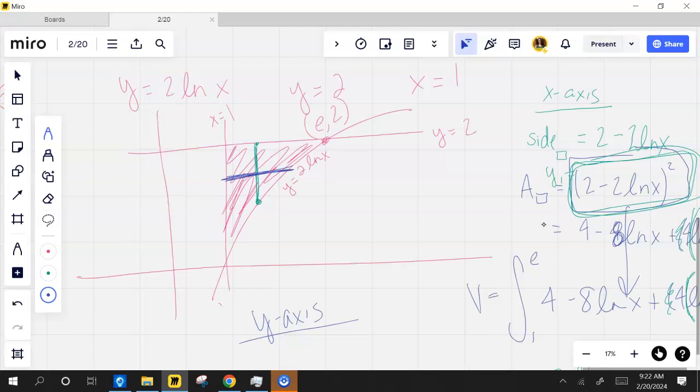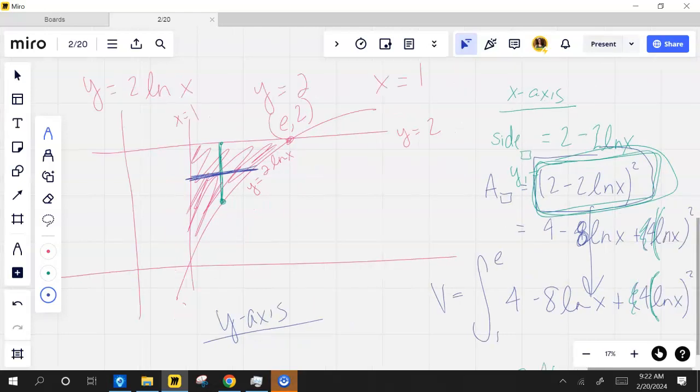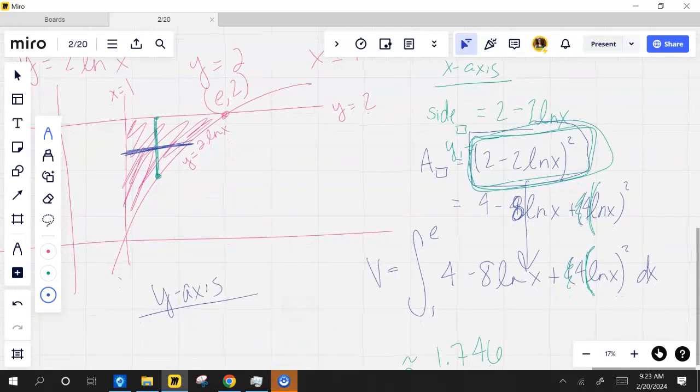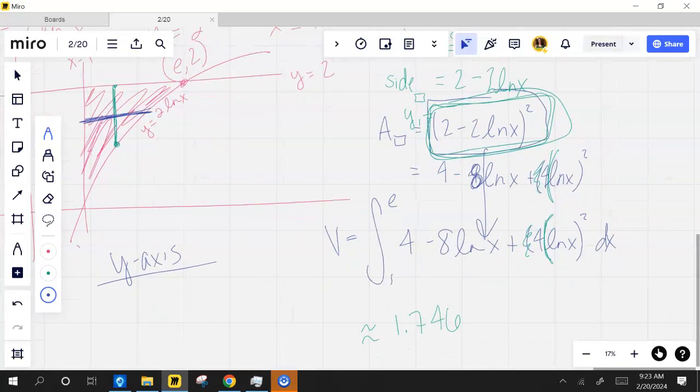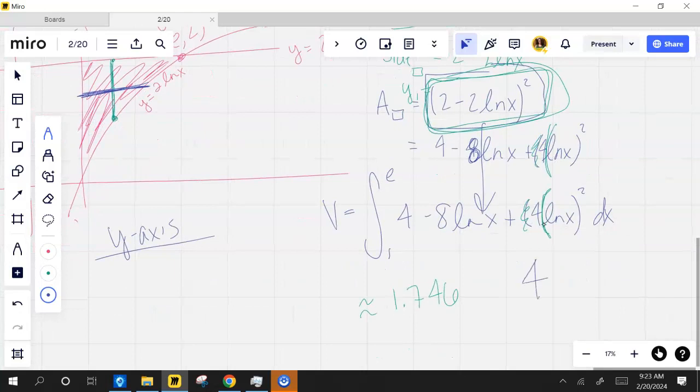You still didn't get it? Which equation did you put in, Avery? The first one or the FOILed one? When you put the FOILed one in, make sure it's 4 minus 4, parentheses, log x, squared. Not like that.